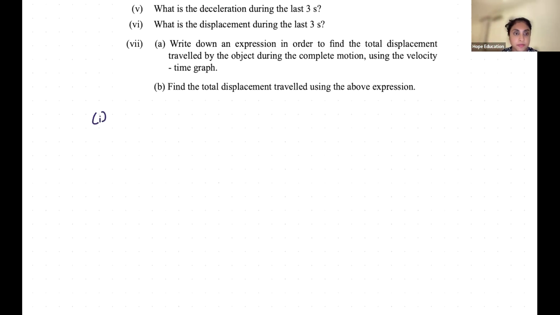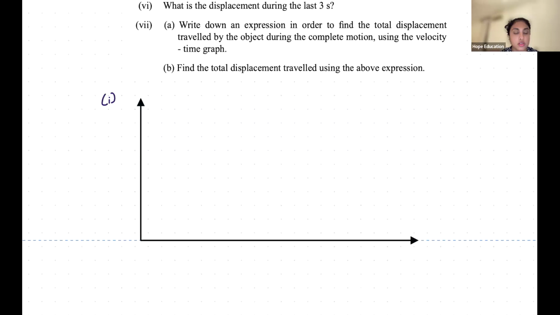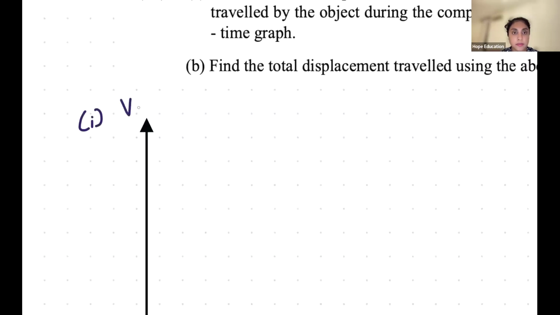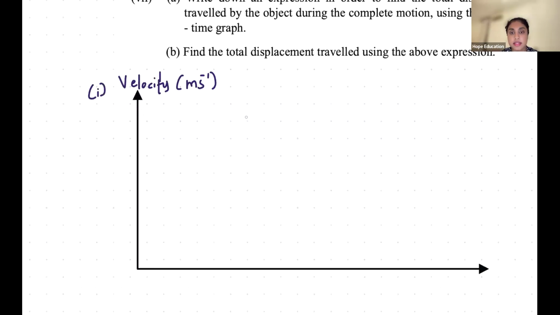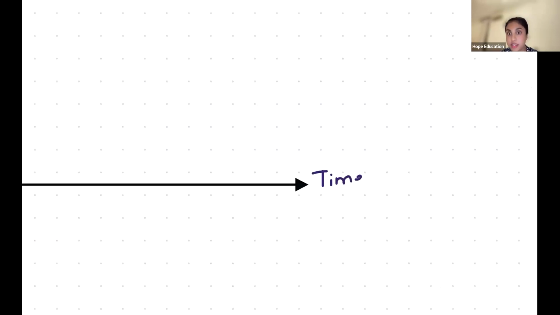So, velocity and time. The y-axis is velocity measured in m s^-1 and the x-axis is time measured in seconds.